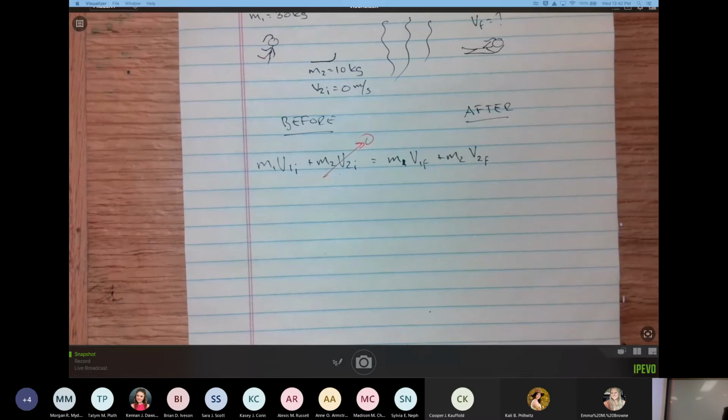In the after, I treated it as the same, because I saw them moving together. Yeah, pretty much. Even though the problem doesn't say, you can assume that if the kid is sliding on the sled, the kid and the sled are going to have the same velocity. So the final velocity of 1 and the final velocity of 2 are going to be the same.